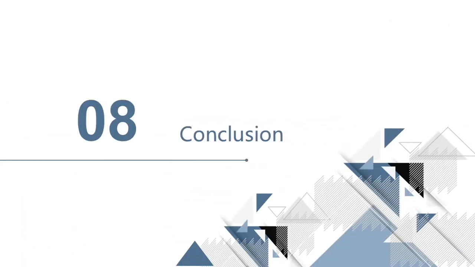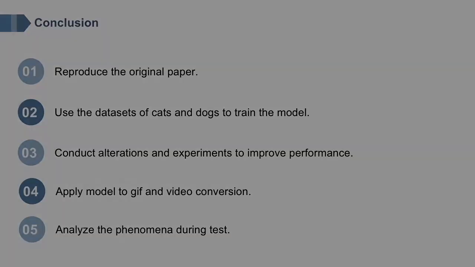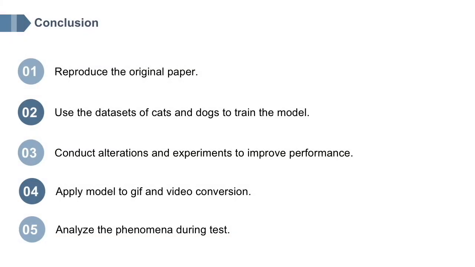Finally, let me draw a conclusion of what we have done. During this project, we trained a CycleGAN model to achieve cat-dog transfer. Firstly, we reproduced the original paper to ensure our implementation was correct.